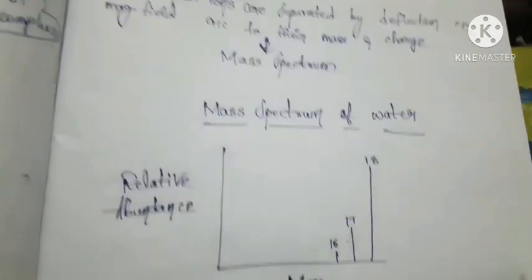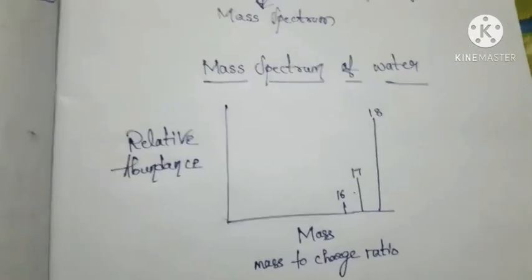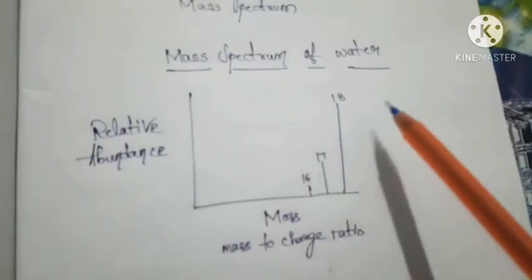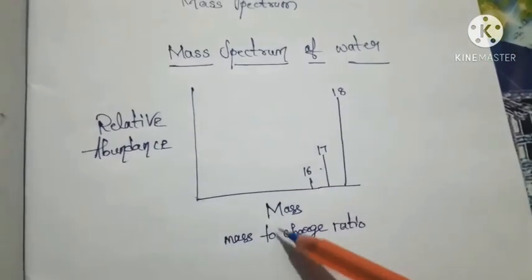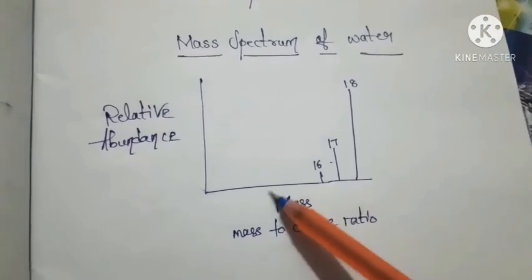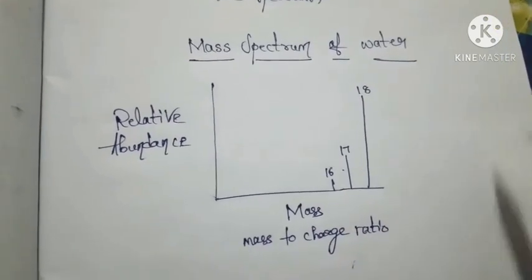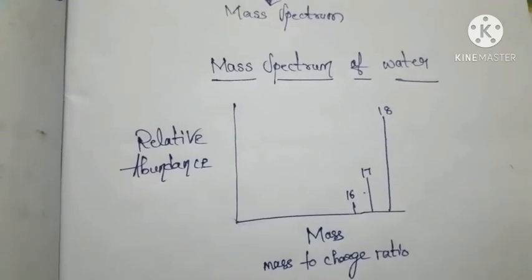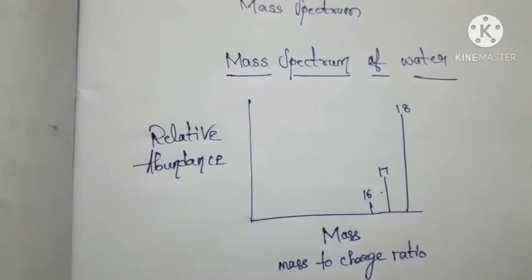Just for an idea, I have represented this, friends. This is the mass spectrum of water. We know the mass of water, H2O: oxygen has atomic mass 16 and two hydrogens are present, so the molecular weight of water is 18.